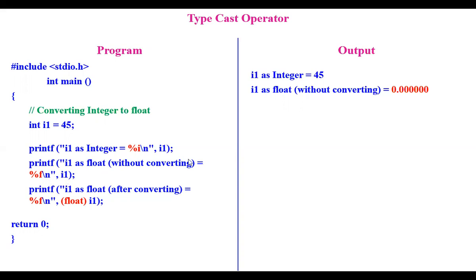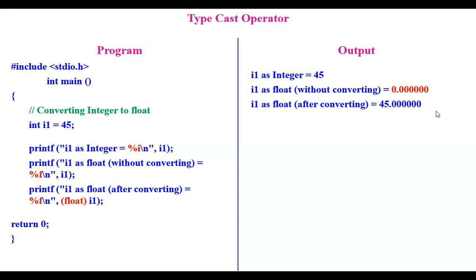Earlier also, in the previous videos, we have seen that when you display I1 as float, it gives junk. So you have to convert it. That is how we converted this into float and displayed it. Yes, after converting, it is showing its actual value 45, but of course decimal places are shown because we are showing it as a float.